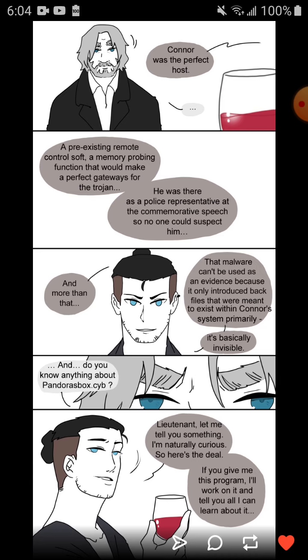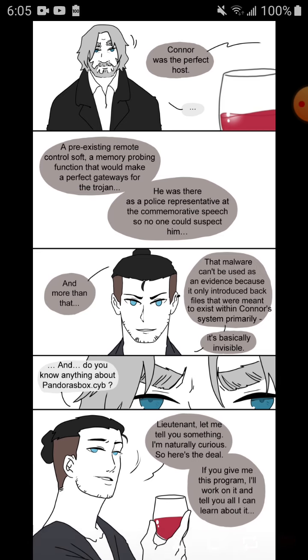He was there as a police representative at the commemorative speech, so no one could suspect him. I'm sorry. And more than that, that malware can't be used as evidence because it only introduced back files that were meant to exist within Connor's system primarily. It's basically invisible.